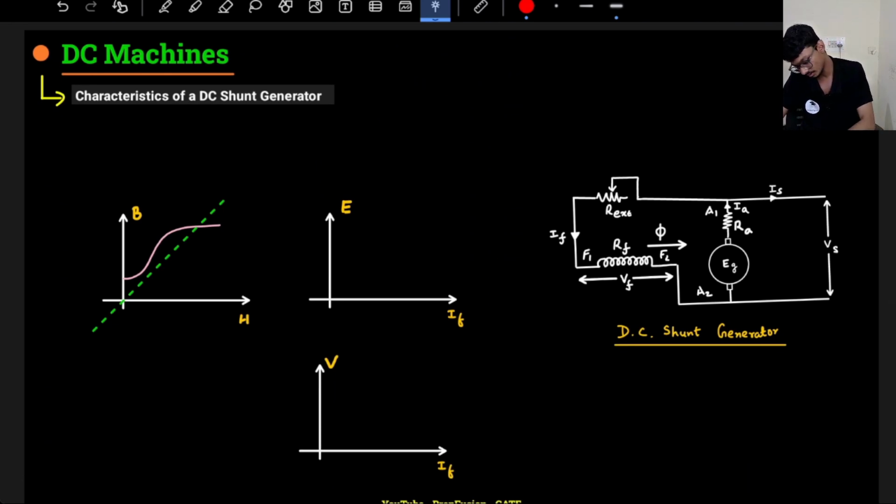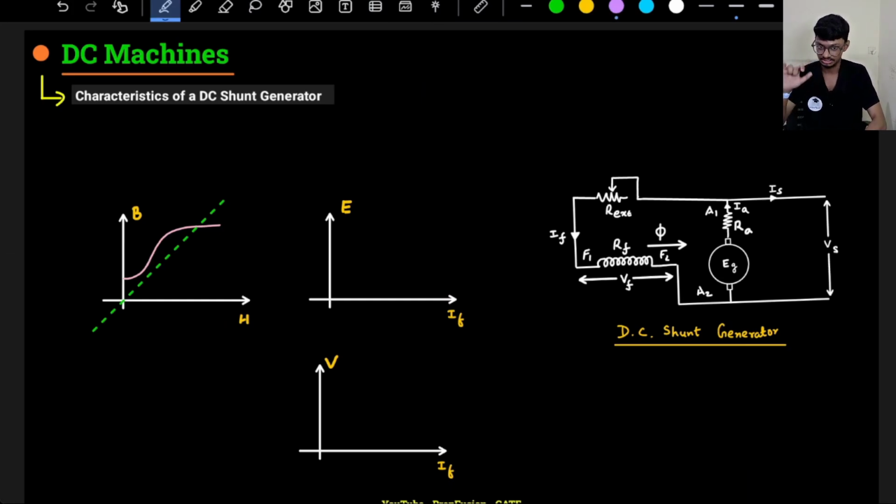So this line is the air gap line basically, and this is the magnetization curve. So magnetization curve we already know. Magnetization curve gives me the relationship between Eg and flux specifically, okay. Eg and flux relationship is drawn over here.